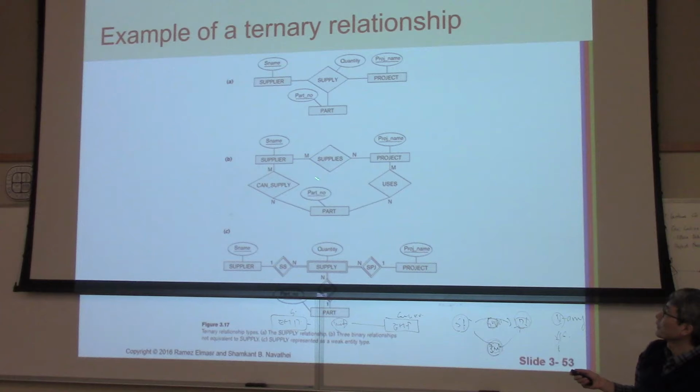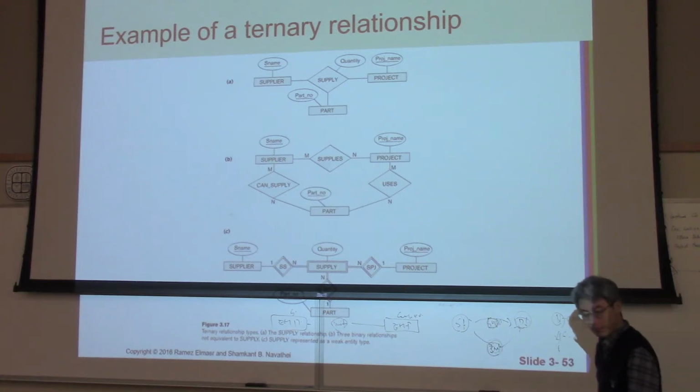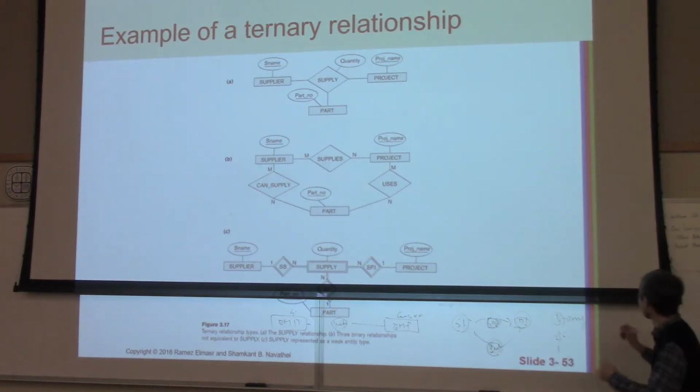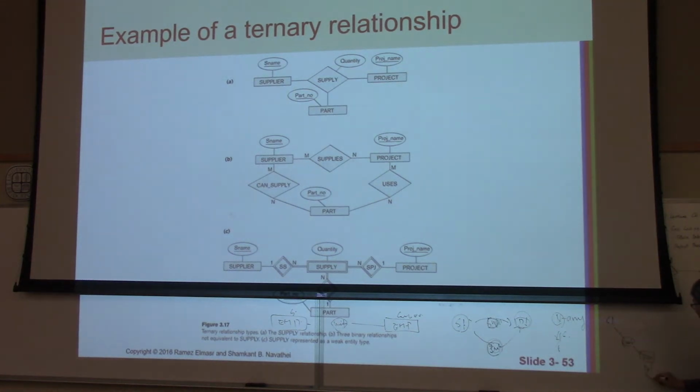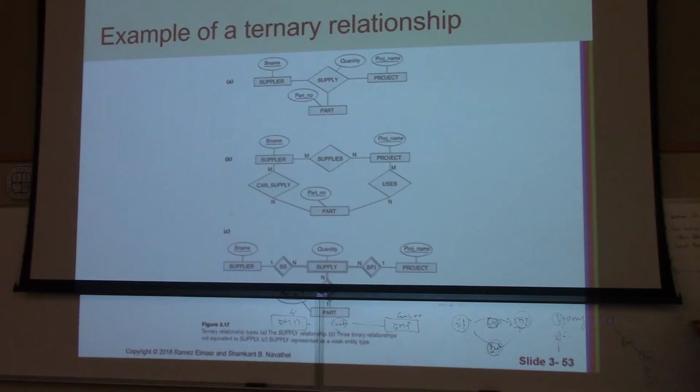For example, the supplier S1 can supply the parts. How many parts? Let's say part 1, part 2, part 3. Okay? 3 of them. Then the project uses only P1 and P2.